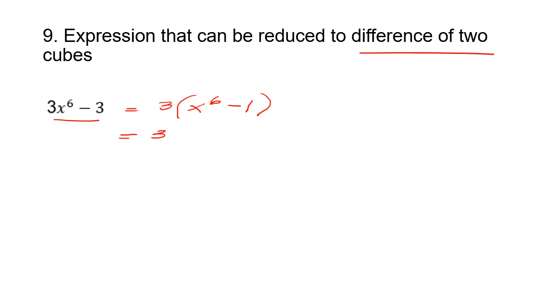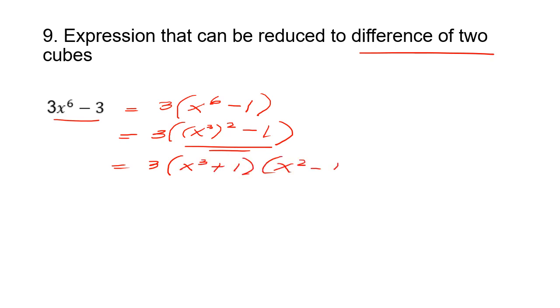So this is now equal to 3 times x raised to 3 quantity square minus 1. So according to our special product, we could expand this as a factor of 3 times x cubed plus 1 times x cubed minus 1.